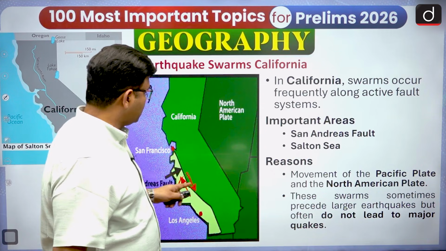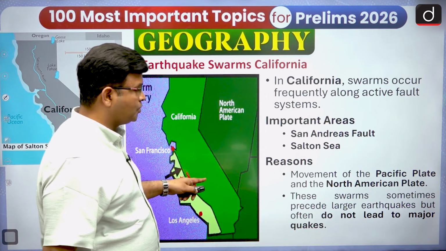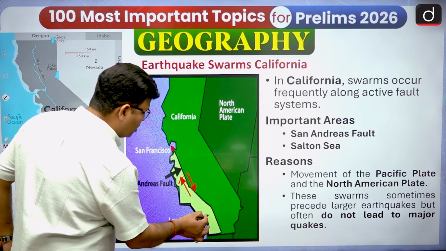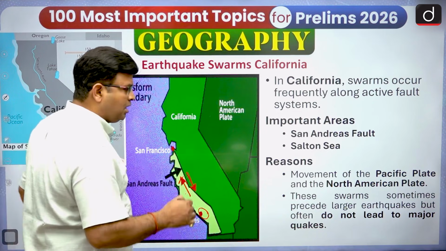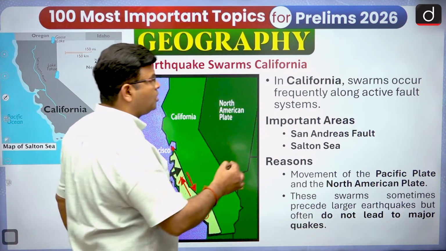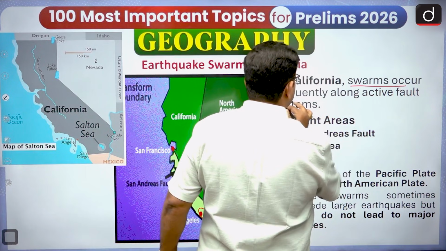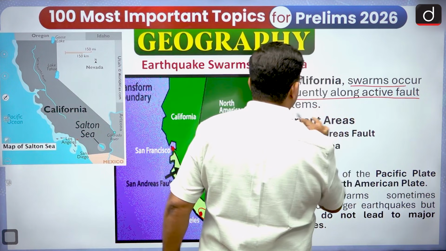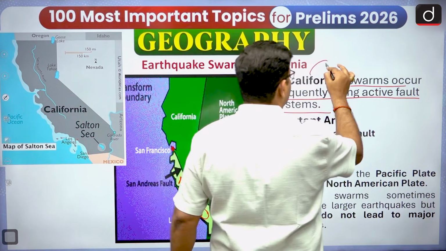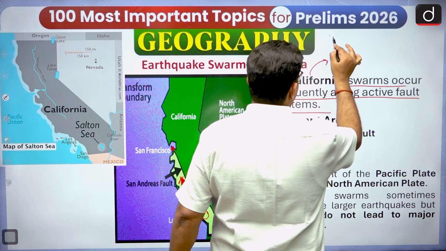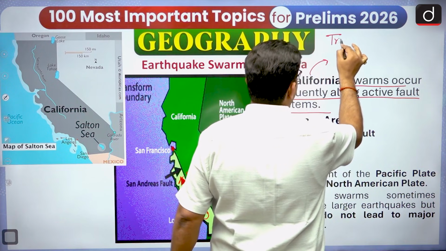Along that there is the San Andreas fault, and nearby there is also the Salton Sea. So in California, swarms occur frequently along the active fault system.